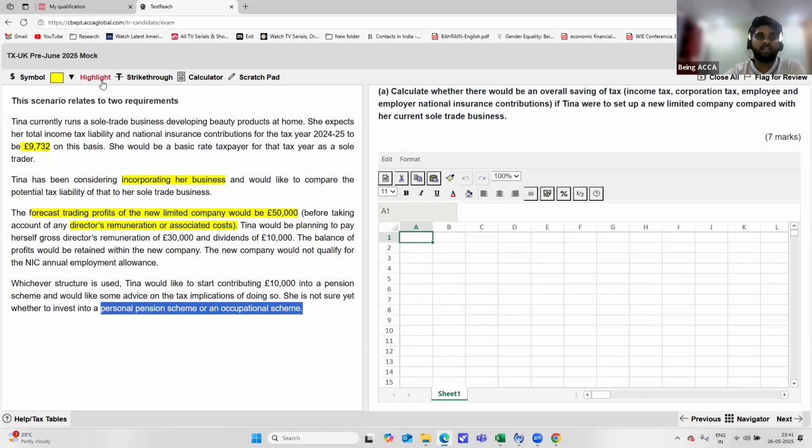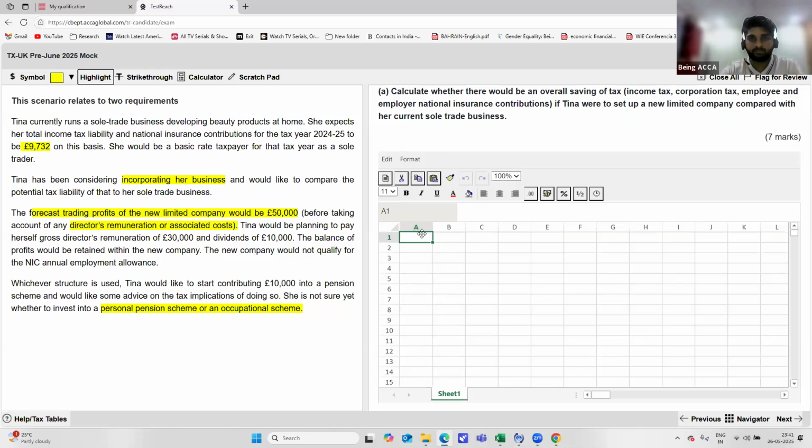Let's help her out with that later. The question asks us to calculate whether there would be an overall saving of tax, that is income tax, corporation tax, employee and employer NICs, if Tina were to set up a new limited company compared with her current sole trade business. This is our first question.